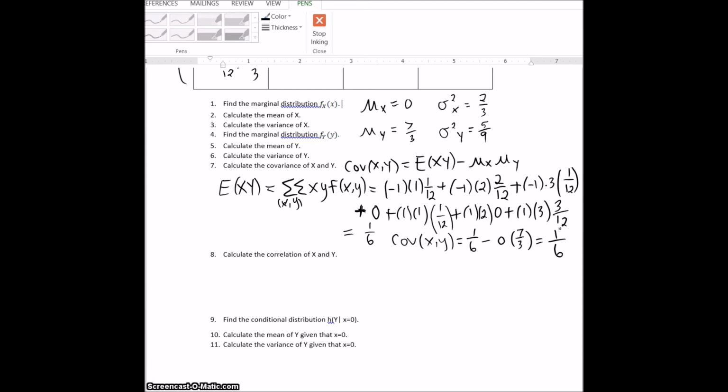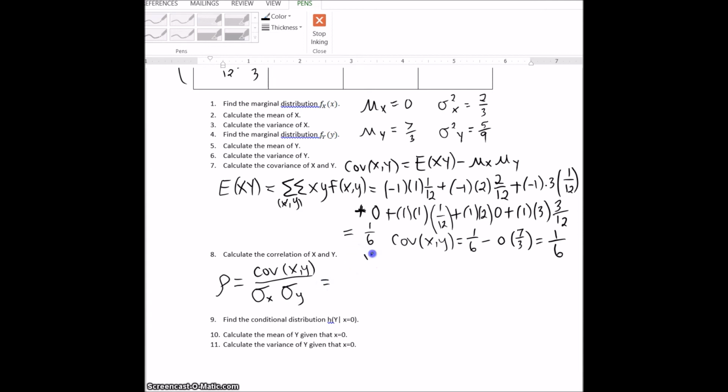Now the correlation is calculated. We use the notation Greek letter rho, and it's equal to the covariance of x and y divided by the standard deviation of x times the standard deviation of y.